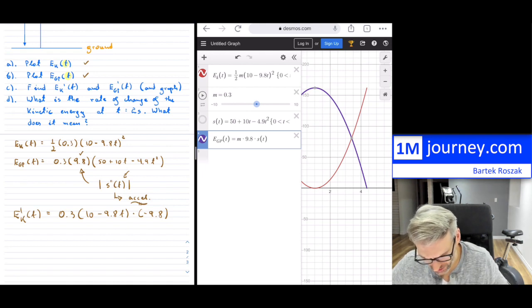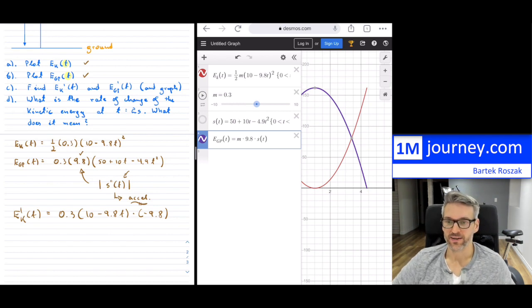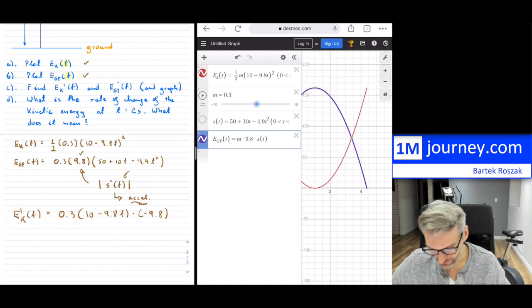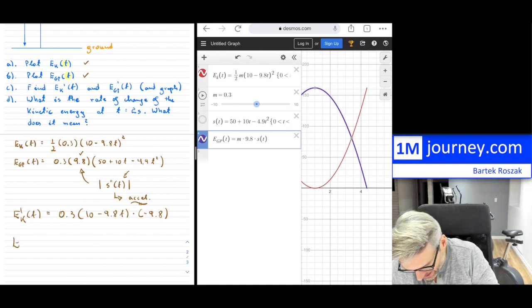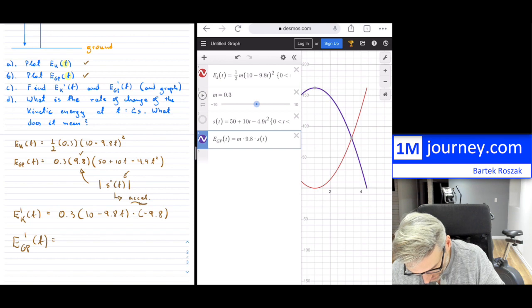We can certainly multiply all of these, and this is just going to be a line, and that makes sense because it's a quadratic. If you take the derivative of a quadratic, then you're just going to have a straight line. Now for the gravitational potential energy, I'm going to leave this 0.3 times 9.8 in front there.